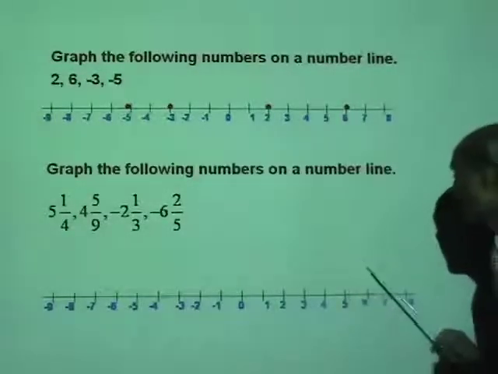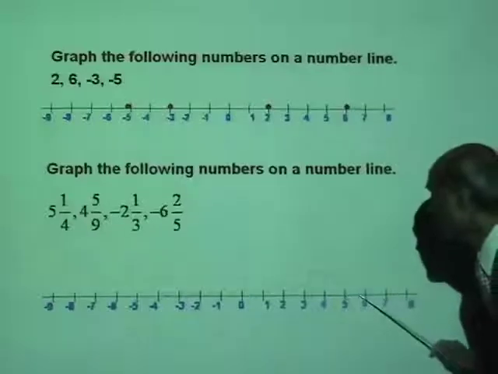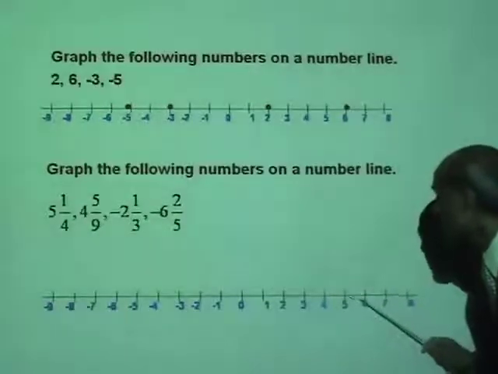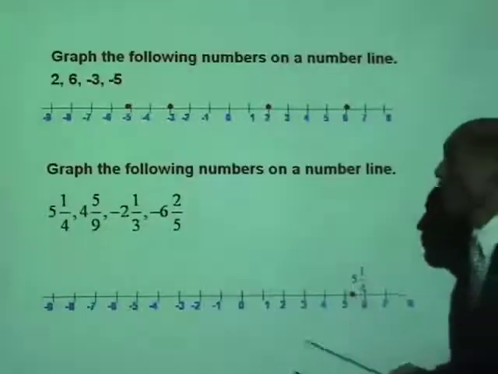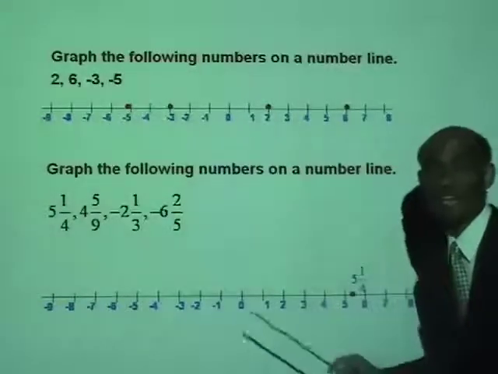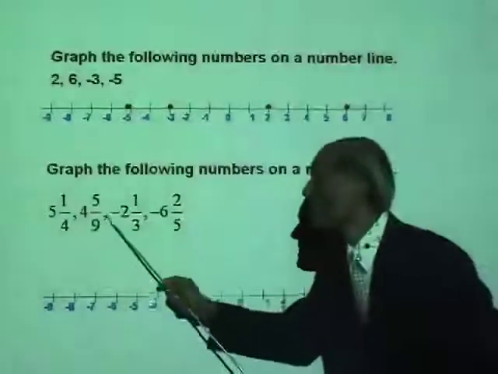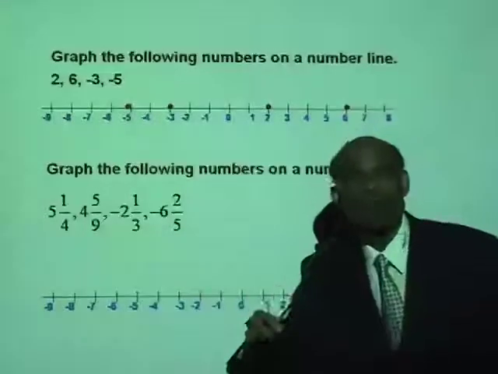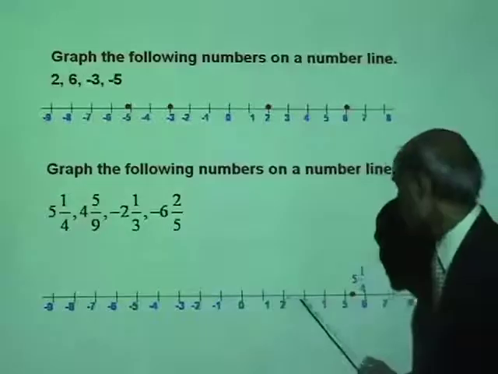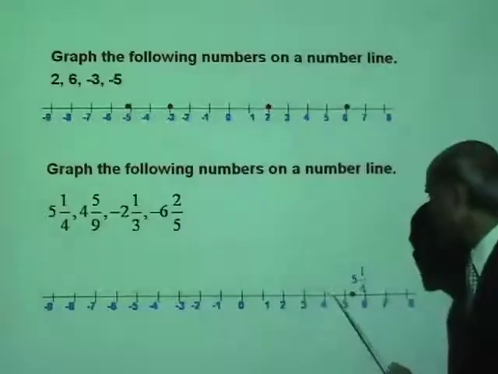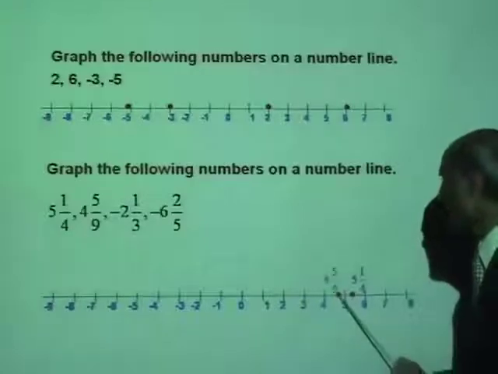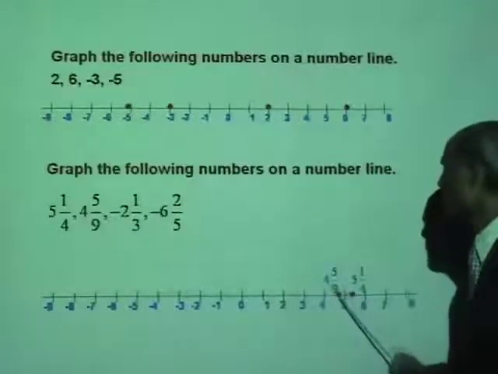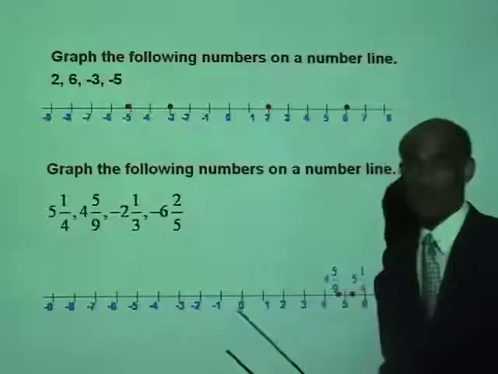5 and 1/4. You can see 5 and 1/4 will be approximately here. That's 5 and 1/4. 4 and 5/9. You must know 5/9 is a little more than a half. So 4 and 5/9 will be a little more than 4 and a half. It's right here. Alright.